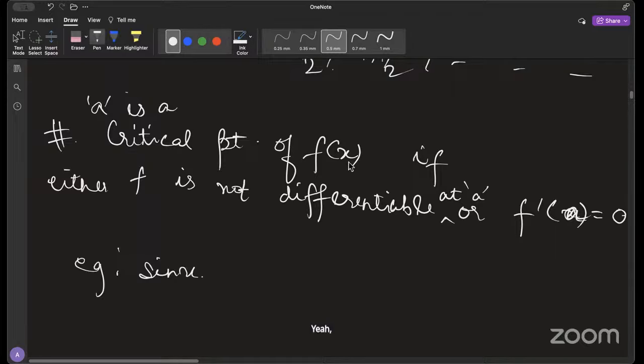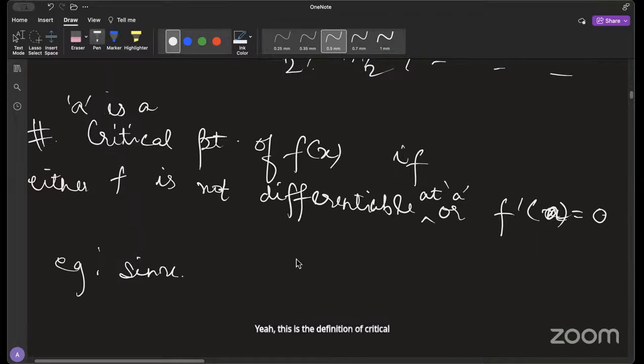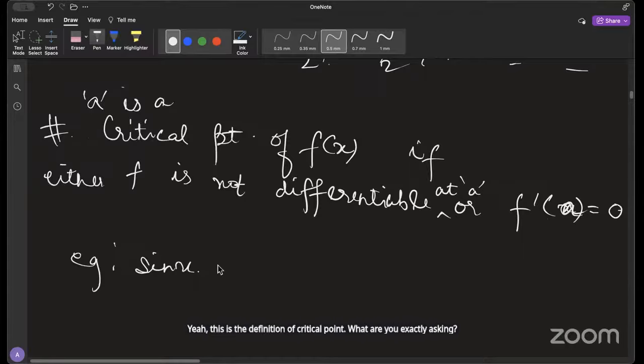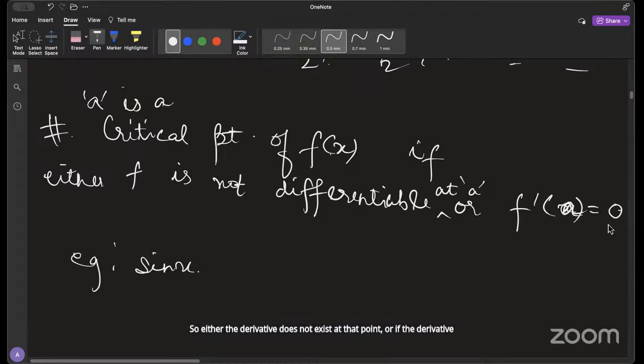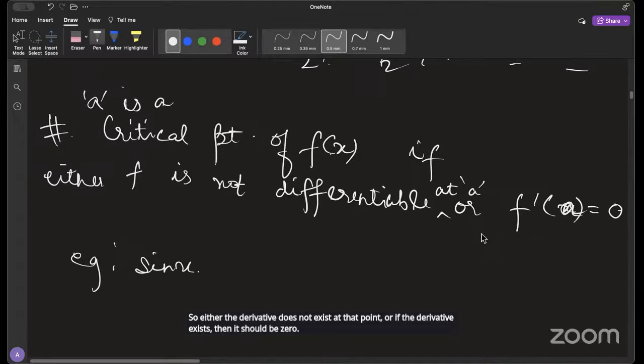A critical point is a point where either your function is not differentiable or its derivative is 0. So either the derivative does not exist at that point, or if the derivative exists, then it should be 0. That's the definition for a critical point.